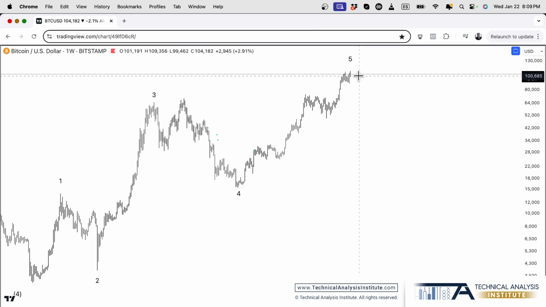The reason is simply that we can count 5 waves to the upside, and even the 5th wave already shows cleanly its subdivisions.